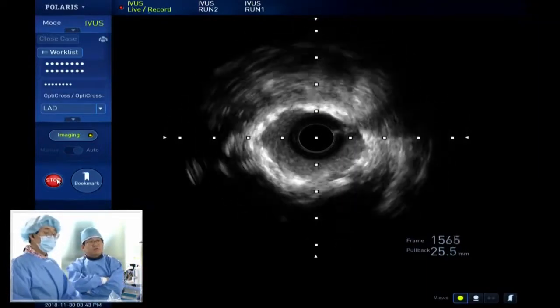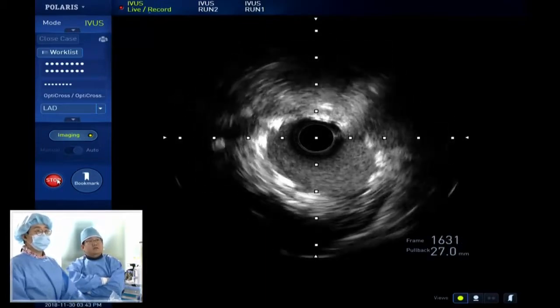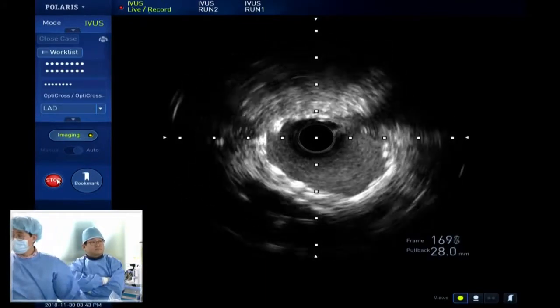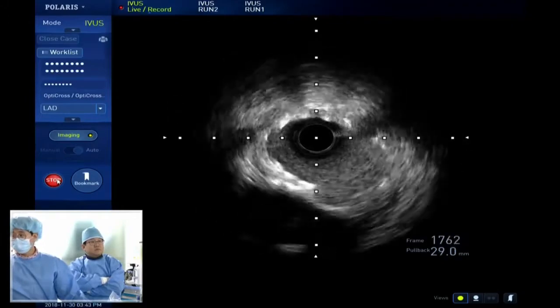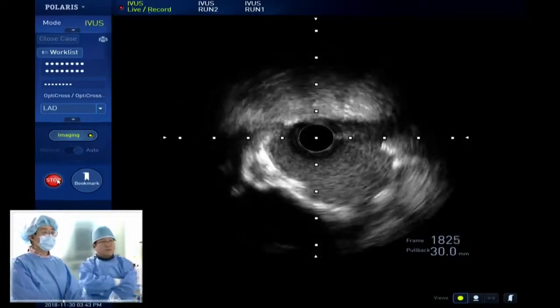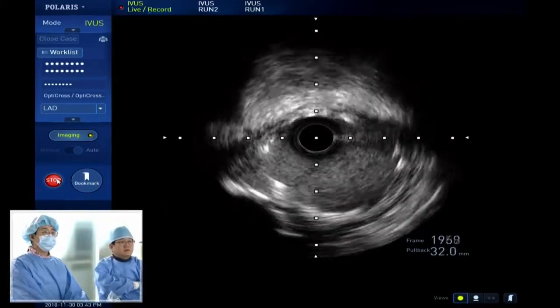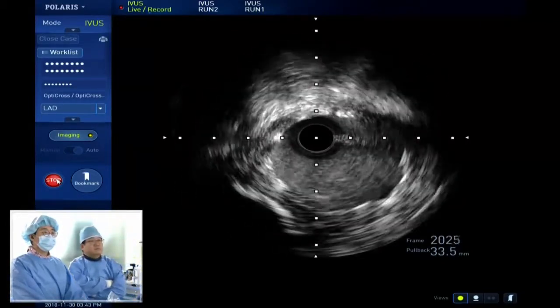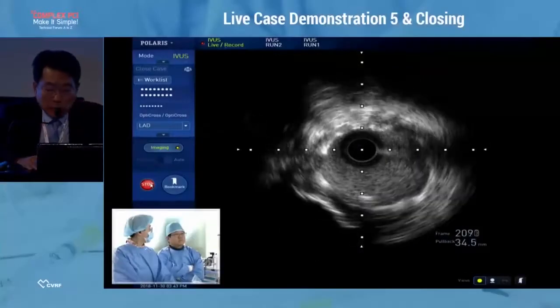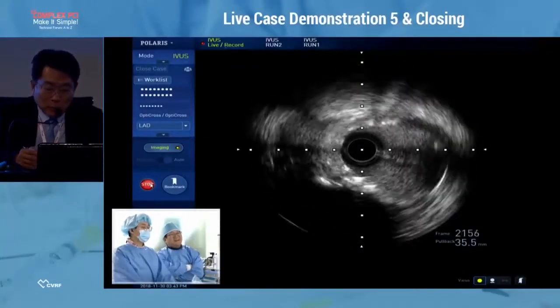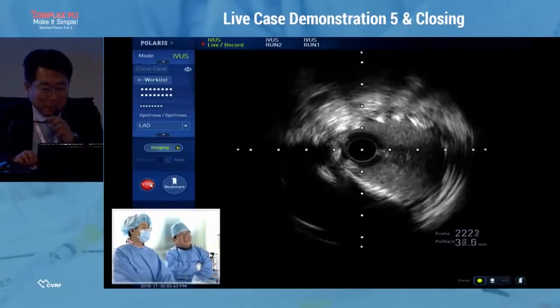It can be improved. 4.0 high pressure balloon, please. Great. Dr. An, you really made it simple, right? Big aneurysm, so just wiring, balloon.